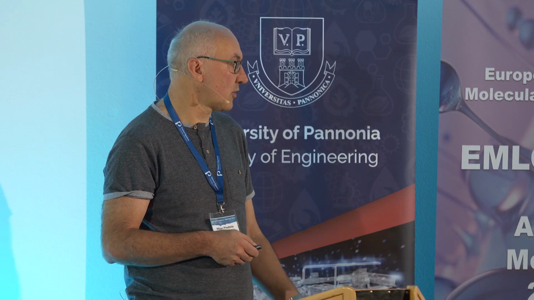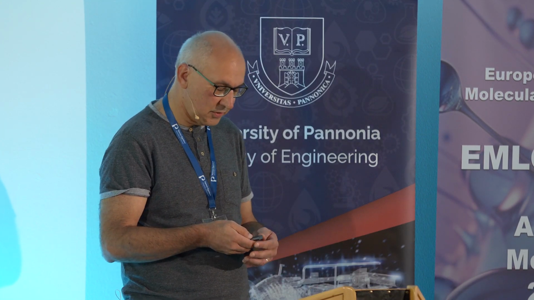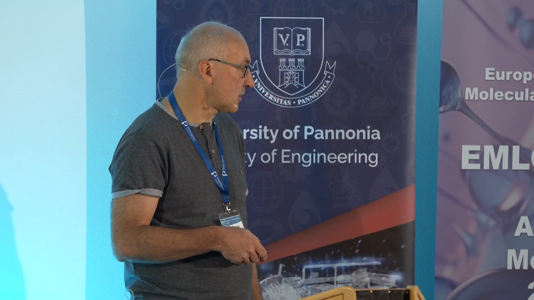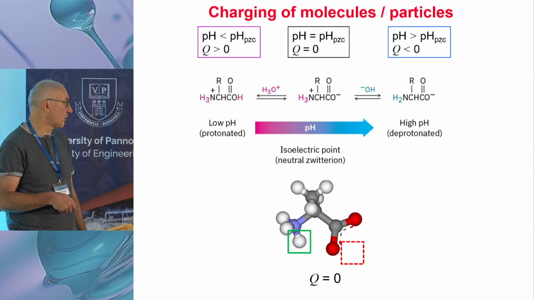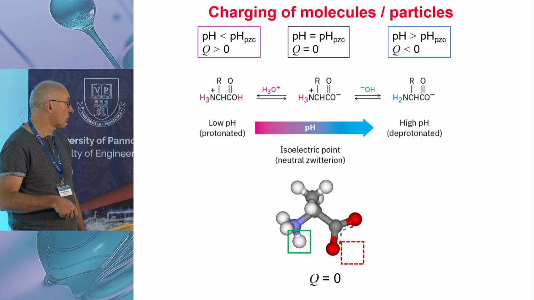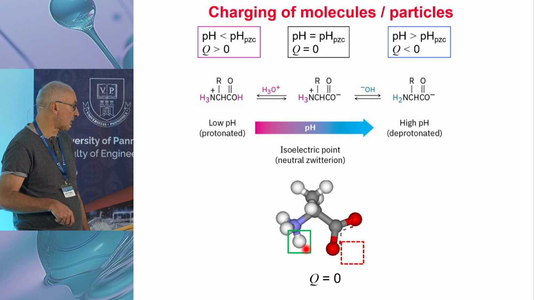And particularly in the case of water, which has a pH and some concentration of hydronium and hydroxyl ions, it's very common that molecules, particularly organic molecules which have oxygen and hydrogen, will become charged. So let's say here we have a molecule at the pH when it's really neutral.